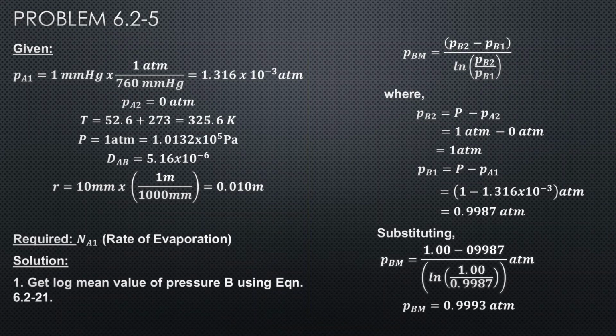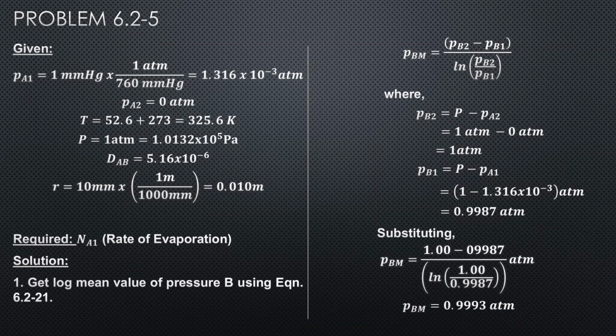For the solution, the first step is to get the log mean value of pressure B using equation 6.2-21, where the log mean pressure of B, or the air, is equal to the pressure of B at point 2 minus the pressure of B at point 1 over Ln of the pressure of B at point 2 over the pressure of B at point 1, where the pressure of B at point 2 is just equal to the surrounding pressure P minus the vapor pressure of naphthalene at point 2, which is pure air, which gives us a value of 1 atm.